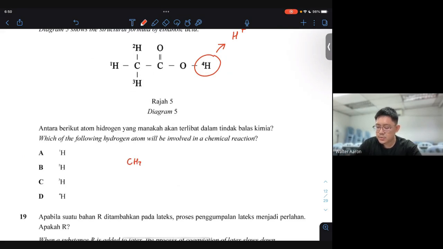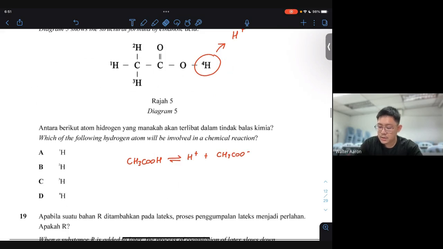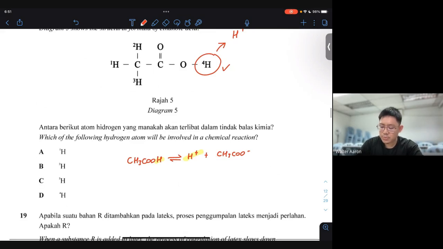You have CH3COOH partially dissolving in water and dissociating to produce hydrogen ion as well as ethanoate ion, right? So you can see that the hydrogen ion is actually from the edge of the molecule. So it is actually hydrogen number 4 that is going to be released during chemical reactions. So therefore, the answer will be D.